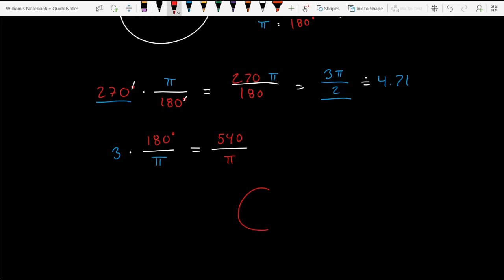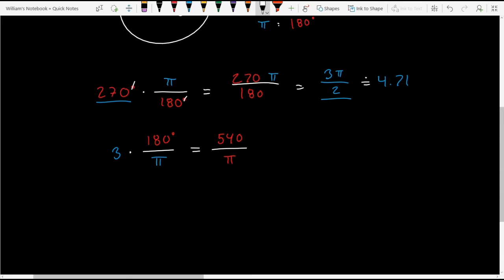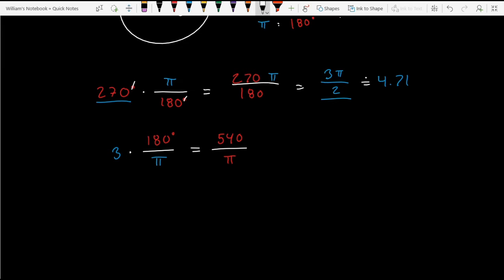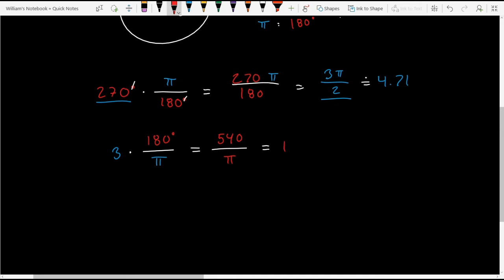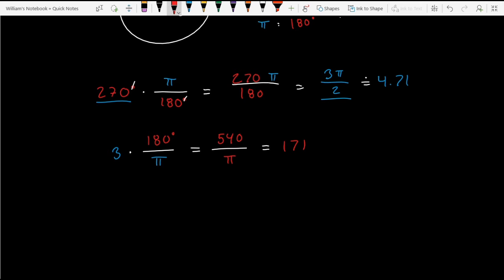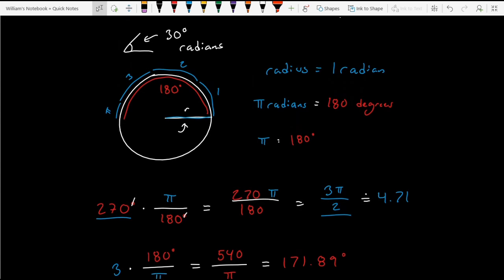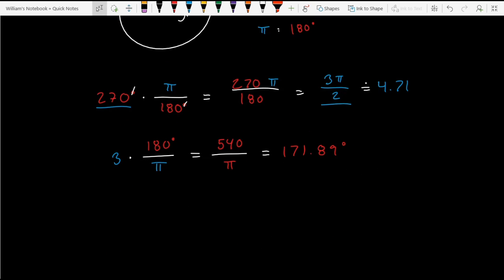When we had a circle, we decided that we would divide it into 360 degrees. So it's not really a unit. It's a little different. But now that we have this number in degrees, we can divide it out, and we get 171.89 degrees. So now we know how to convert from radians to degrees, and we know what radians are.